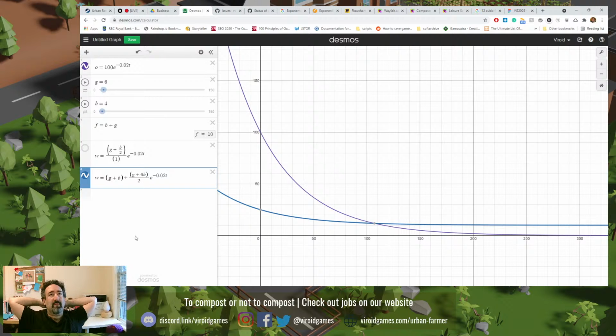Add 4 brown, so I need actually 8 more water. 18. But because we have 6 green, I should actually take away 3. So it should be 15.